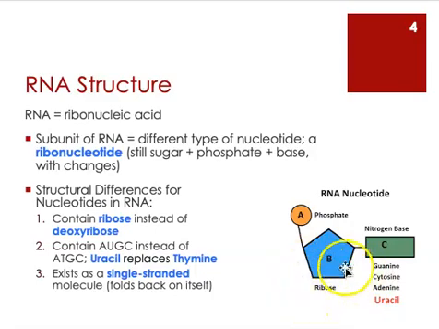In RNA, both the carbon number 2 and the carbon number 3 have hydroxyl groups coming off. So there's a structural difference in the sugar between DNA and RNA. It's called deoxyribose in DNA, and it's called ribose in RNA.